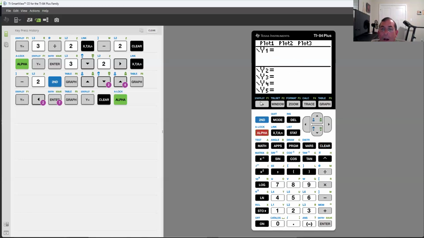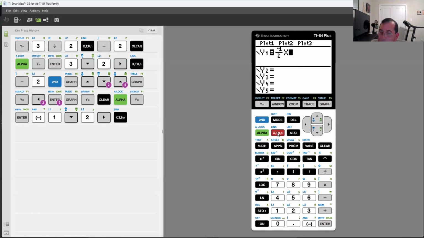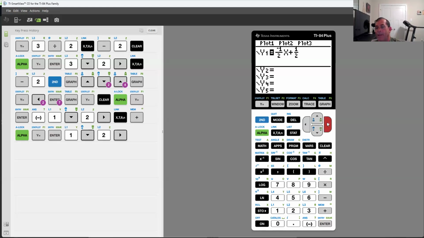So I'm going to hit alpha Y equals, enter. So we had a -1/2, so -1 on top, 2 on the bottom, arrow right, put in your X. And then we had +1/2, so I'm going to hit plus, and then the alpha Y equals again, and hit enter for the fraction, and then put in my 1/2. And arrow out, okay?